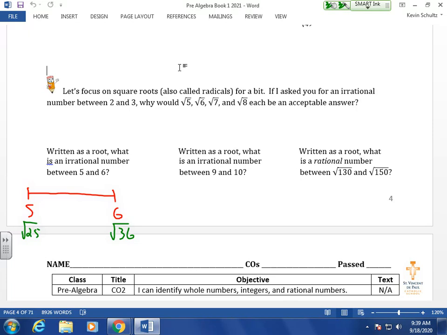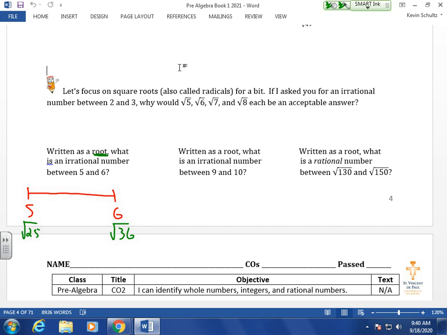Okay. So if the root of 25 is 5 and the root of 36 is 6, what is a root that's going to have a value between 5 and 6? Anyone care to take a chance?